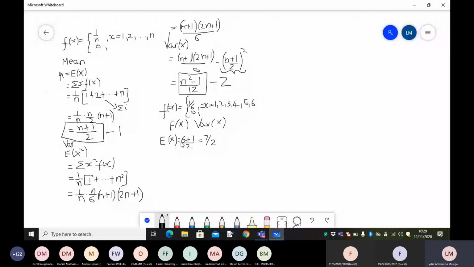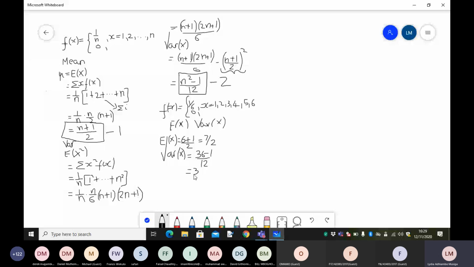And var x will be equal to, we substitute in the second equation, and that will be 36 minus 1 over 12. And so var x will be 35 over 12.